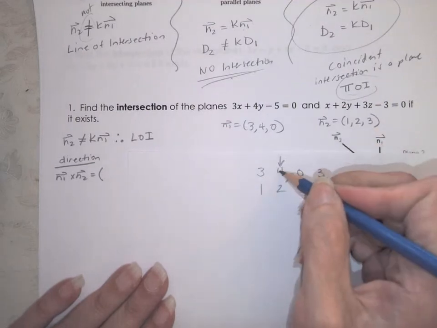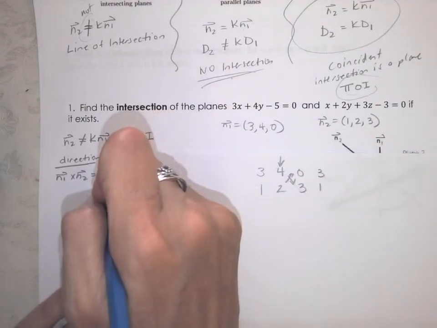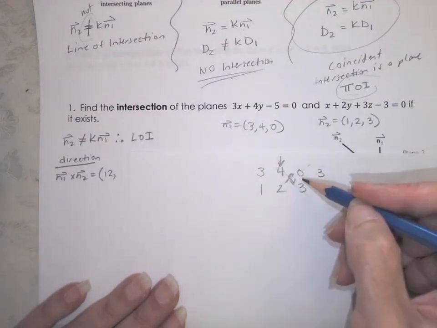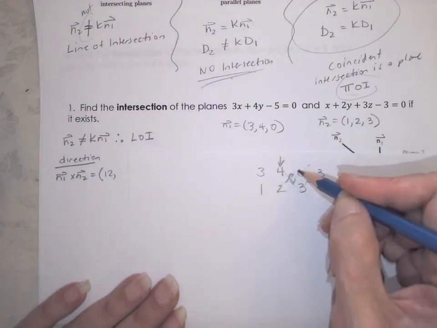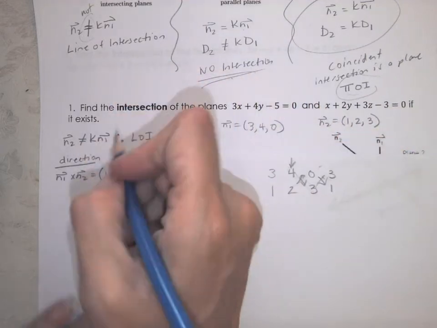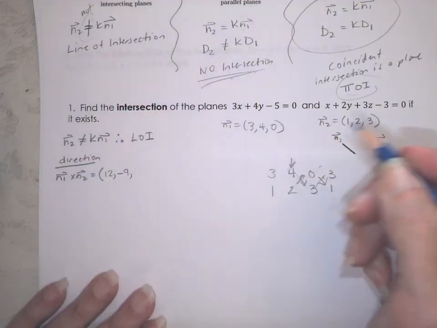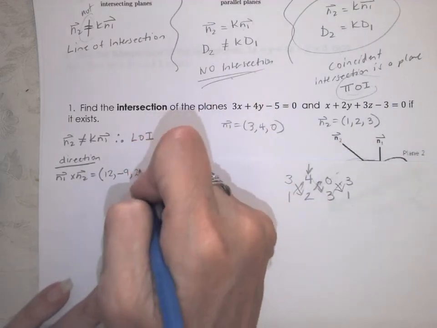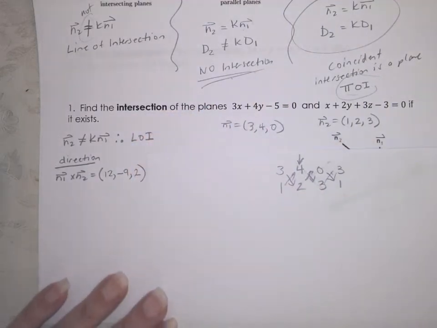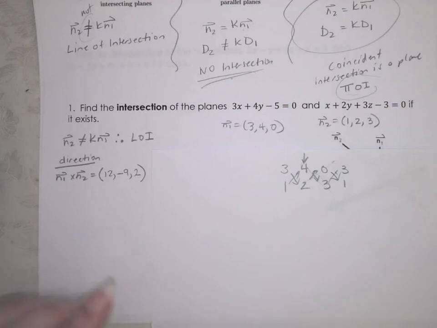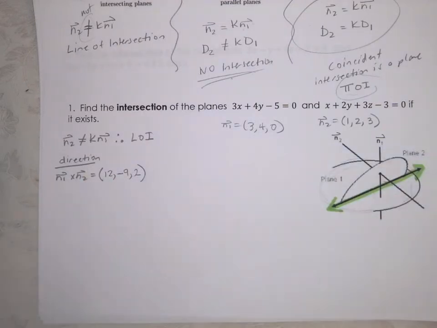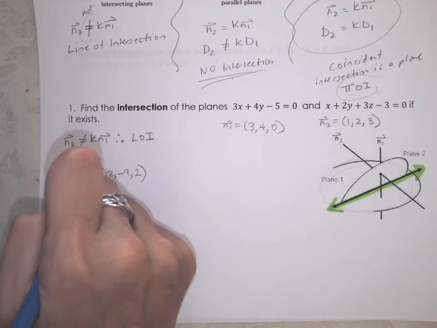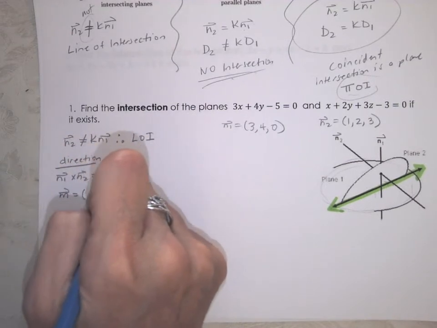So my direction vector: the first component is 12 minus 0, the second component is 0 minus 9, which is negative 9, and the third component is 6 minus 4, which is 2. That doesn't have a nicer scalar multiple, so that's going to be the direction vector m of our line of intersection.